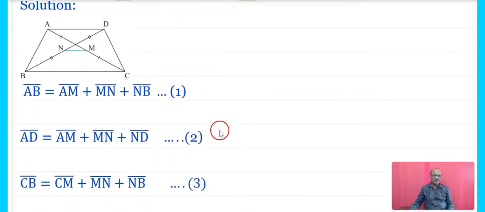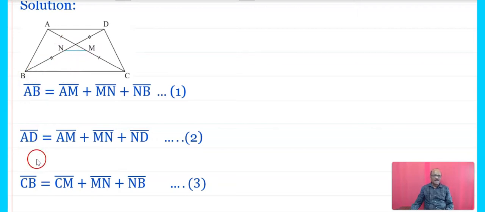First of all, AB bar is equal to AM bar plus MN bar plus NB bar.